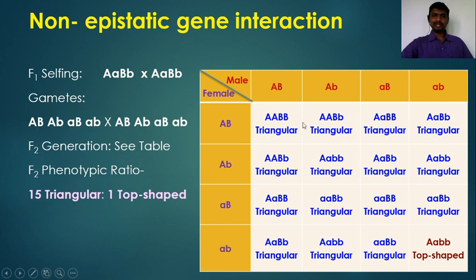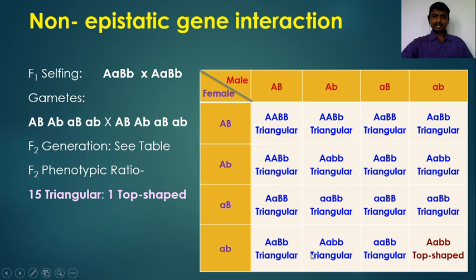If you see this genotype, all the alleles are dominant, the phenotype is triangular. In the case of this individual, where the genotype is small a, capital B, small b, only one allele of gene B is dominant, due to which it produces the triangular shaped seed capsule.